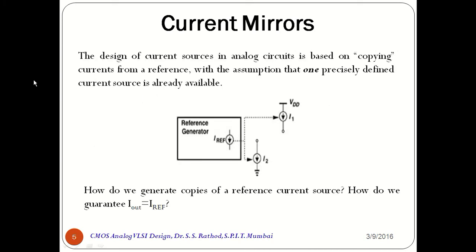The design of current sources in analog circuits is based on copying currents from a reference with the assumption that one precisely defined current source is already available. The study about this precisely defined source we will carry out in the next lecture.